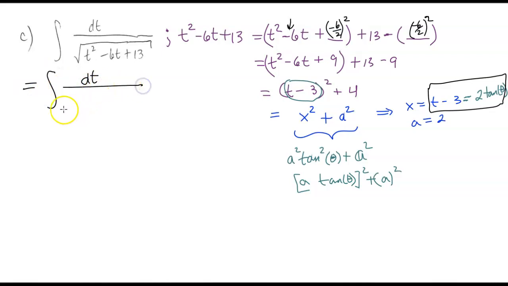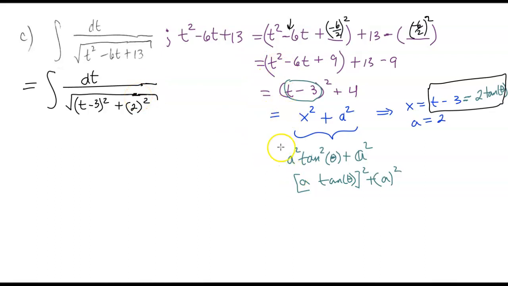So that is what I'm going to do here. So we'll have this, and we'll say this is square root of, and this will be t minus 3 squared plus 4. And instead of writing 4 there, I'm just going to put 2 squared just so that it's obvious that a is 2. So we're going to have that.